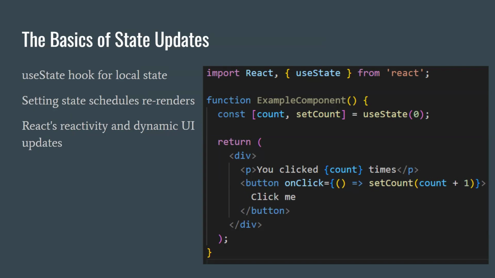And when we update this state using the setter function provided by useState, React schedules a re-render of the component to reflect the new state. And this is the foundation of React's reactive nature.